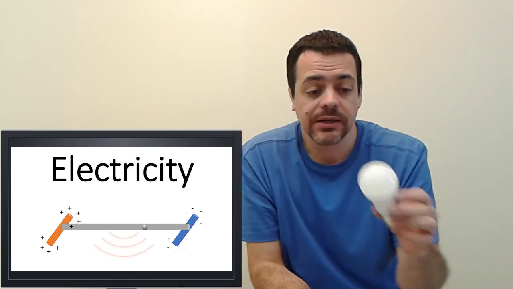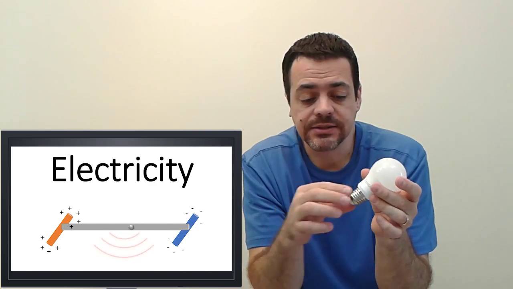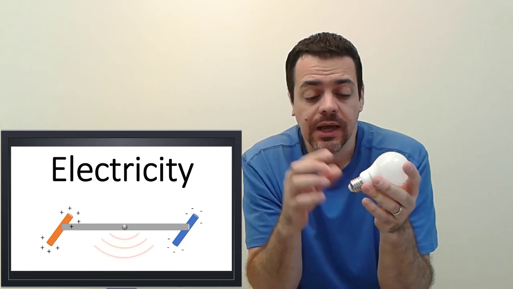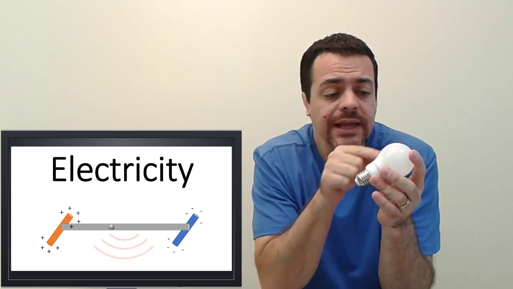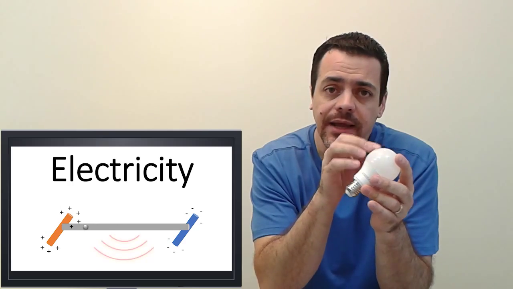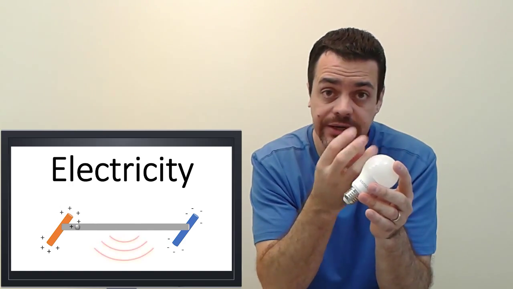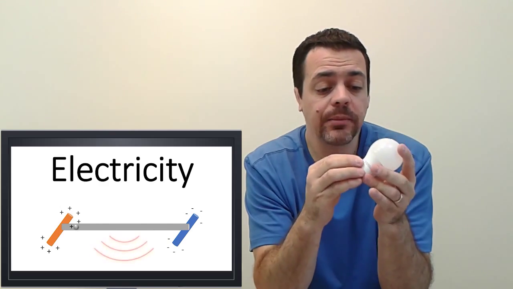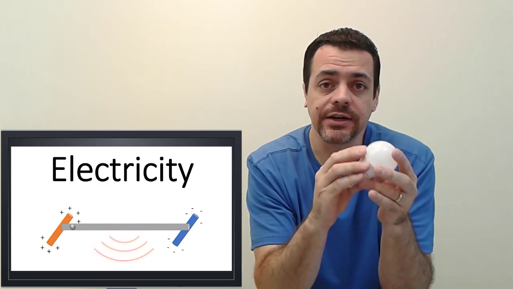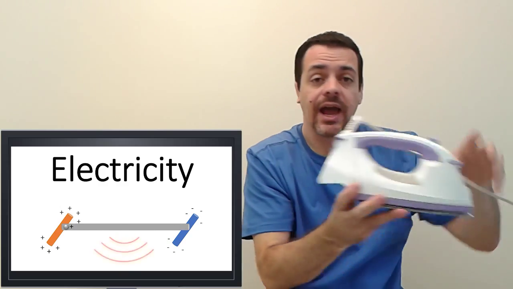For example, if I get this bulb, this lamp, and connect it to the electric energy, I will get electrons traveling through the lamp, and the electrons traveling will generate energy, and the lamp will transform the energy into light.